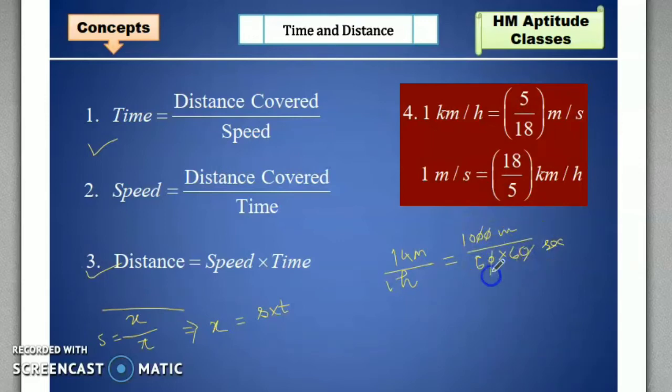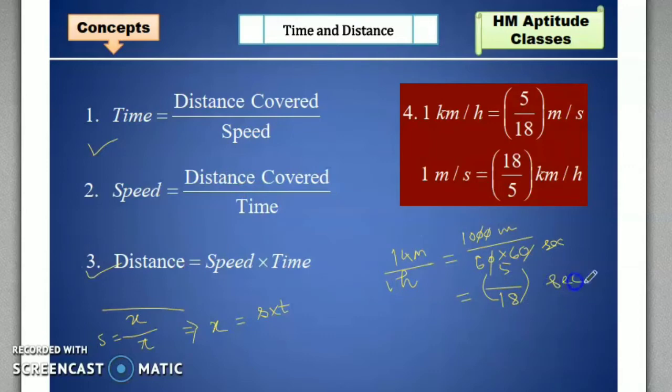If we cancel out the 0 in numerator and denominator, and divide 10 by 2 and 6 by 2, then we obtain 5 in the numerator and 18 in the denominator. So 1 kilometer per hour is converted to 5 by 18 meter per second.